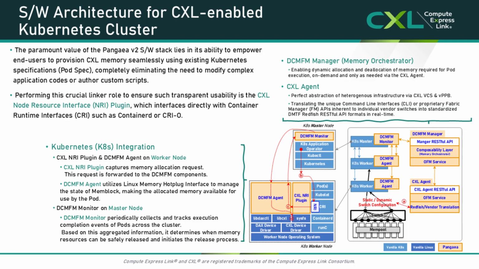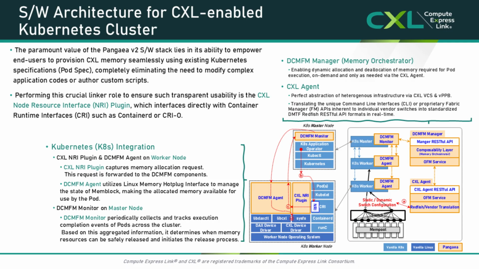The workflow for dynamic memory allocation proceeds as follows. A data center operator requests the creation of a new pod via the Kubernetes API, using a standard command like kubectl apply with a pod YAML file.